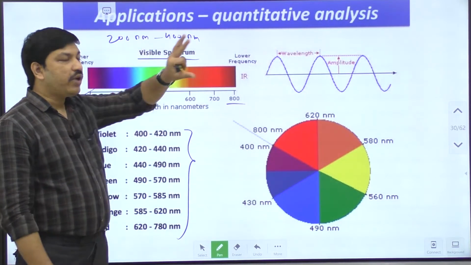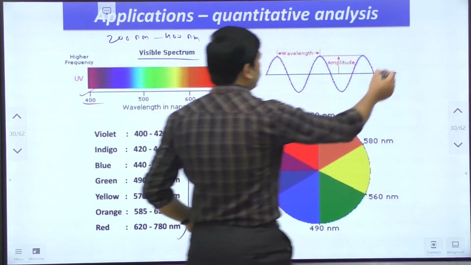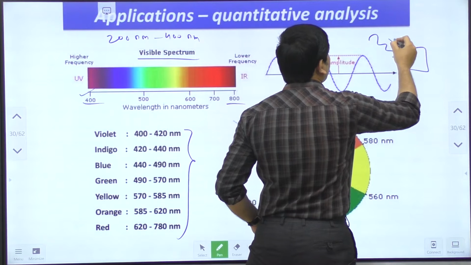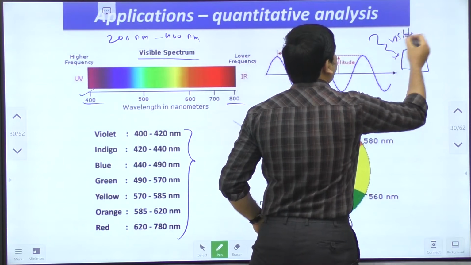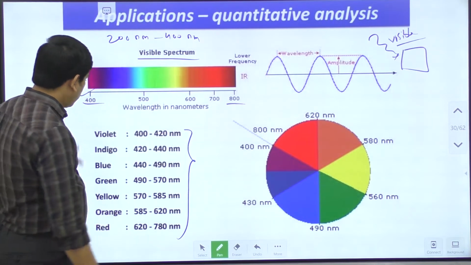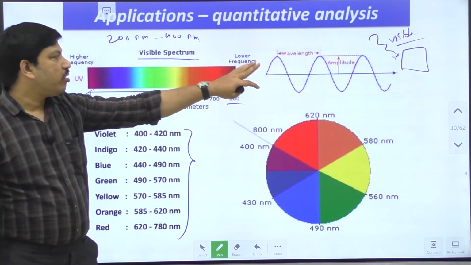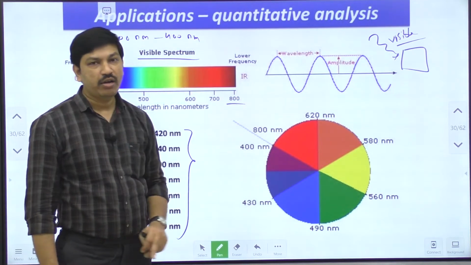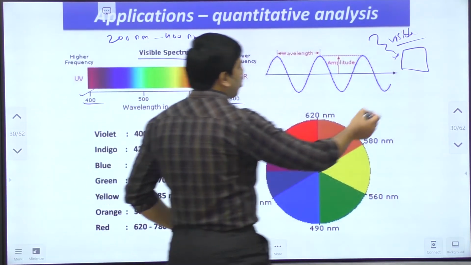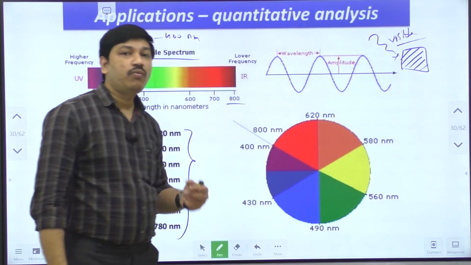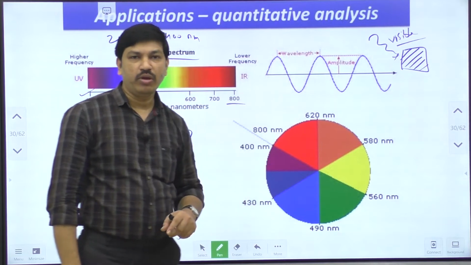Generally, if we have a compound that is absorbing visible light, what is the meaning of visible light? From 400 to 800, if this compound is absorbing in the range from 400 nanometers to 800 nanometers, then that particular object is colored in nature, depending upon what type of radiation it is absorbing.